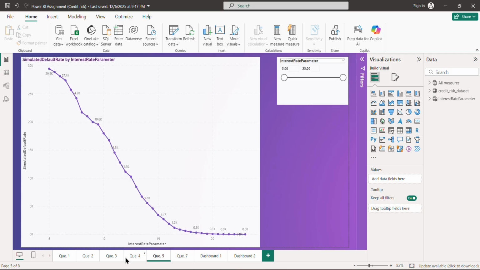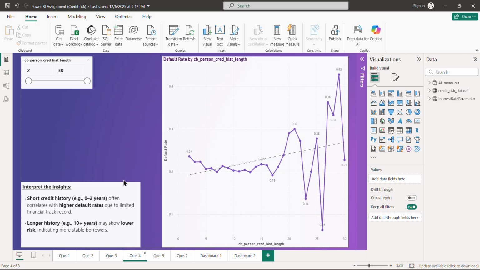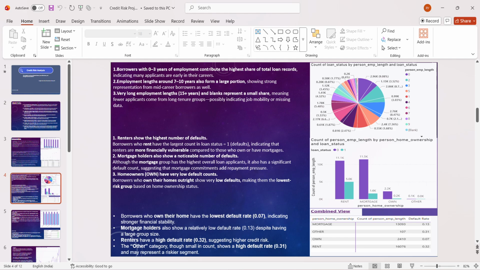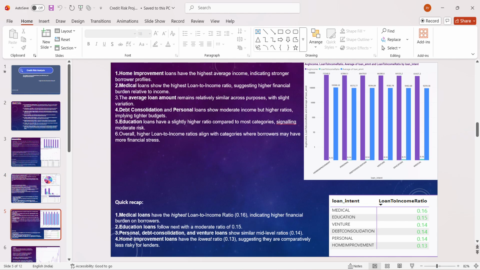In this chart, as we see, a short credit history from 0 to 2 years often correlates with higher default rate due to limited financial track record, and a longer history, which is 10 plus years, may show lower risk, indicating more stable borrowers. As we can see, they have a long history. Let's have a look at the explanation.